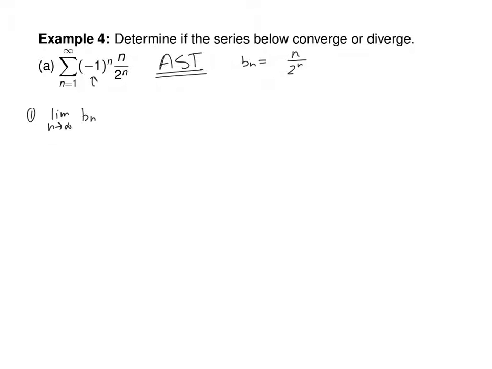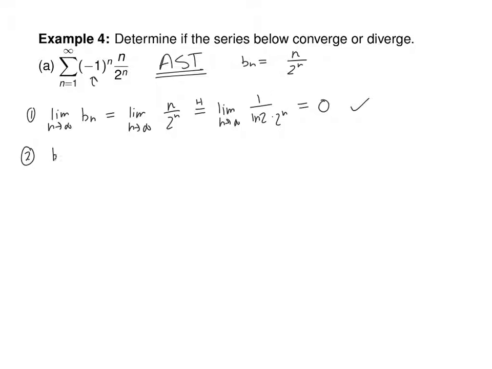This limit must equal 0. We use L'Hopital's rule, and that will be 1 over ln 2 times 2 to the n, and that limit is 0. So the first condition is met.